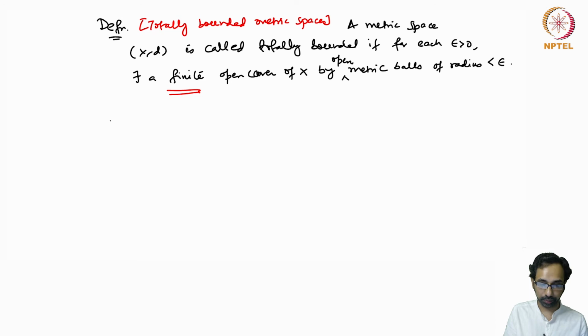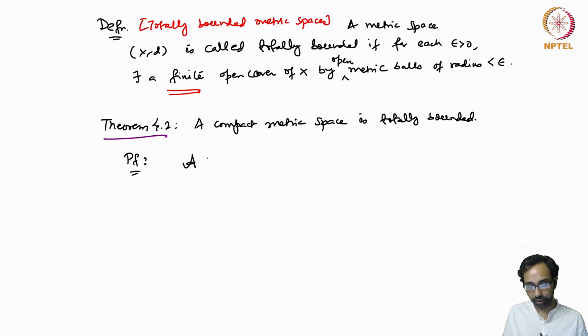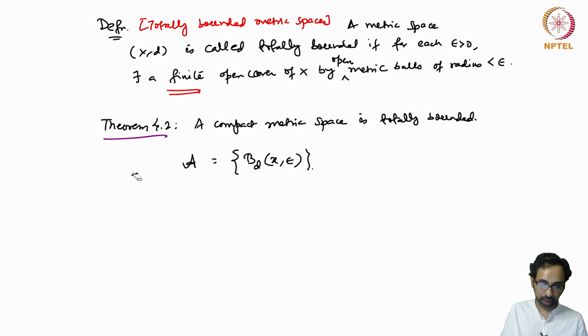Of course the first theorem that we can state is that a compact metric space is totally bounded, and this is quite easy.